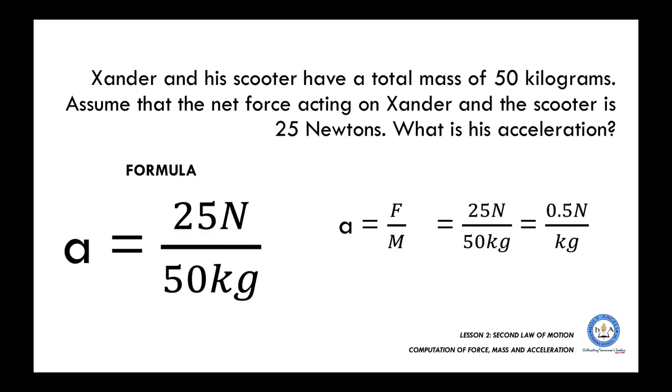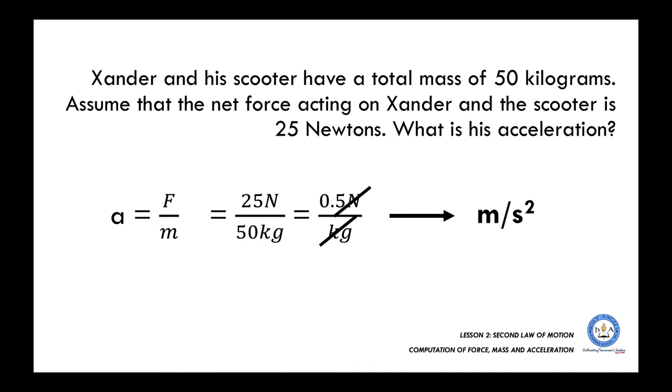Now, the Newton is the international unit for force. It is defined as the force needed to cause a 1 kilogram mass to accelerate at 1 meter per second squared. So therefore, hindi natin gagamitin yung Newton for acceleration because if we're looking for acceleration, ang gagamitin natin is kilogram times meters per second.